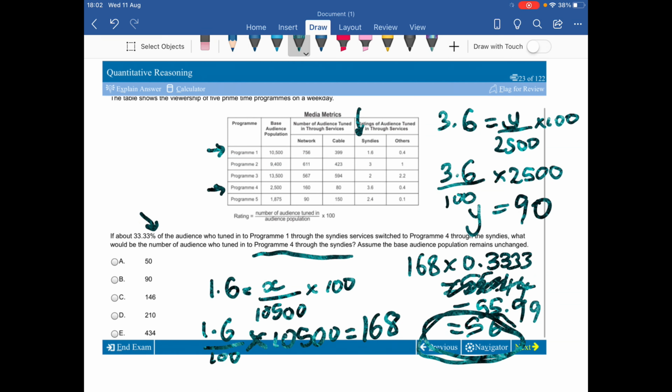So originally program 4 has 90 people who are watching program 4 through Cindy's. So you know that the audience who have switched, that audience is 56, which we've already worked out. So you would just have to add the two numbers together, and then that would be 146.